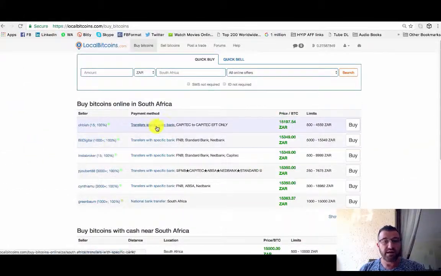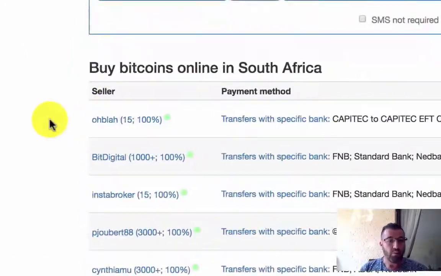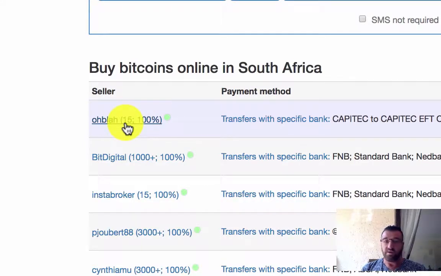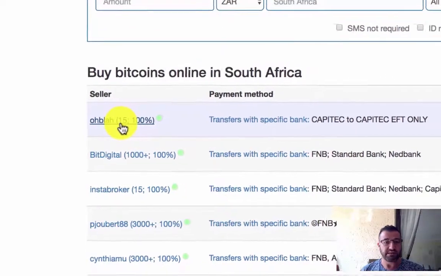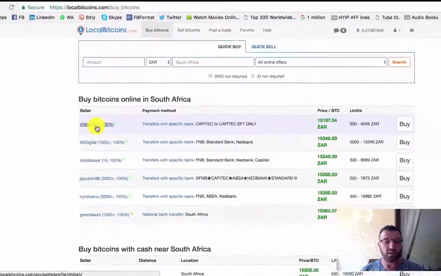As you can see, there are lots of different suppliers. So let's understand what each supplier is offering and what all the different numbers represent. This is the guy's name. His name is Oblar, and he's done 15 trades, and he's had a 100% success rate with those 15 trades. So there was no problem, nobody complained. He sold the coins and everything was successful and everybody got their coins.